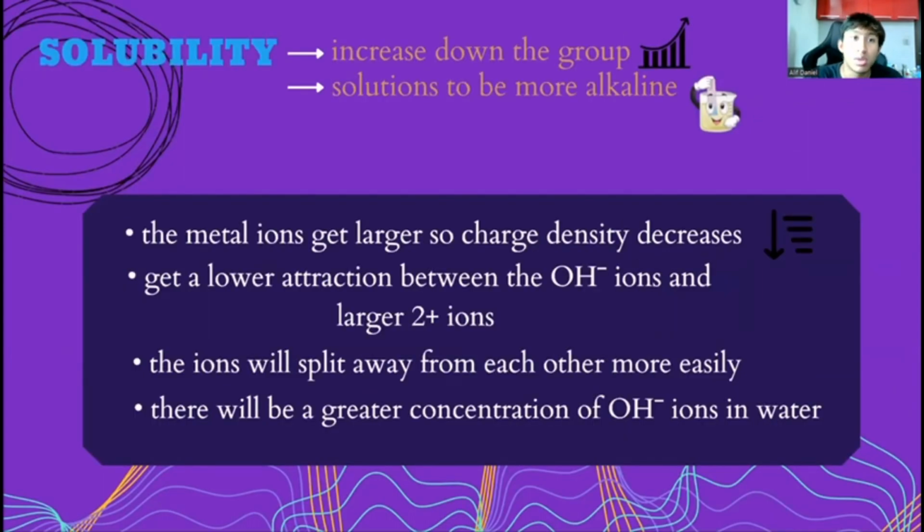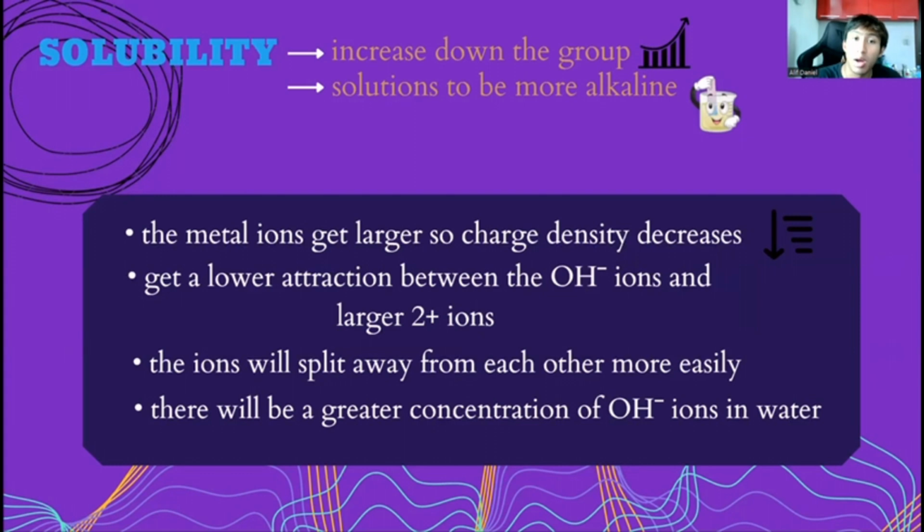And lastly, we will talk about solubility. As it goes down the group, the solutions will be more alkaline. As we can see here, Mg(OH)2 is slightly soluble in water. However, barium hydroxide is much more soluble than magnesium hydroxide.